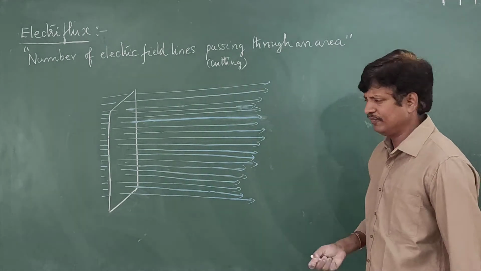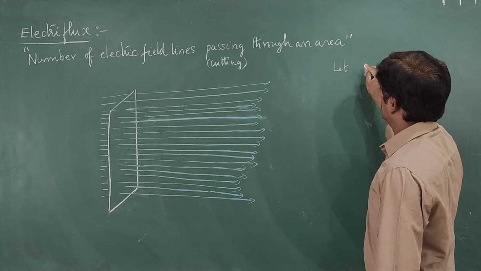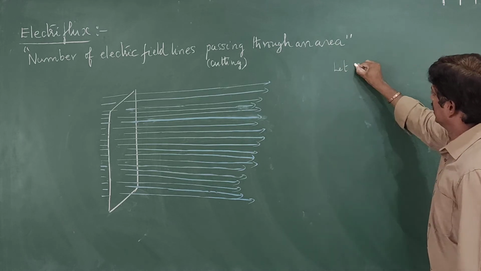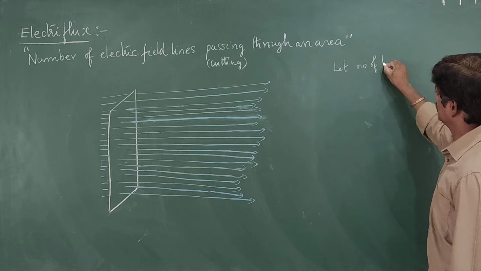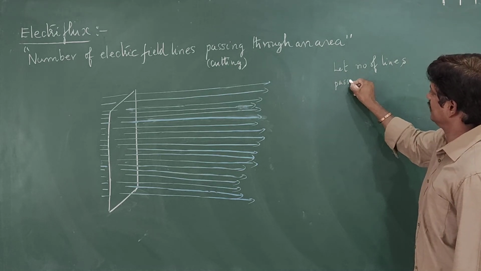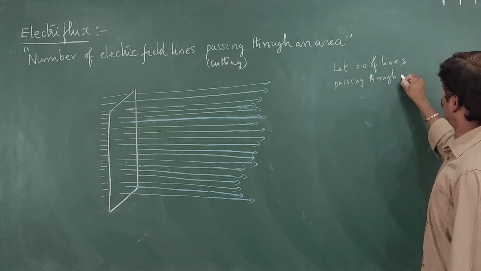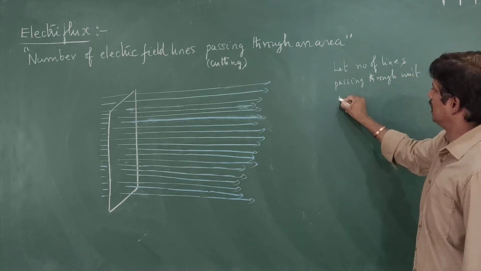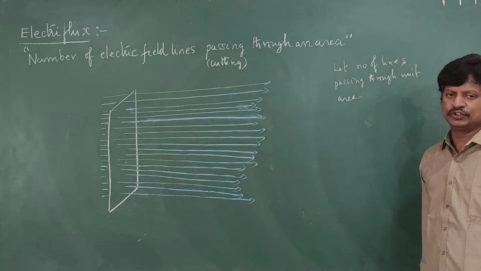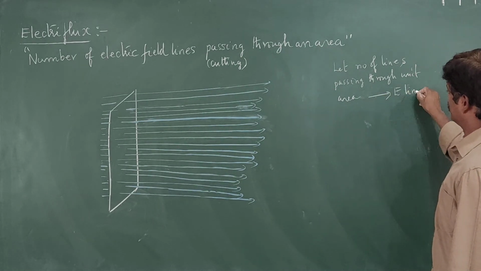So what we do is define: the number of lines passing through unit area is E lines.